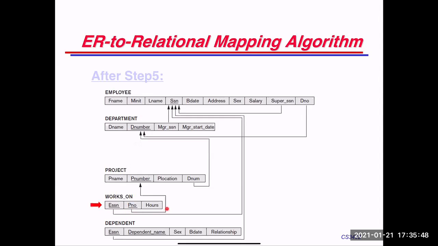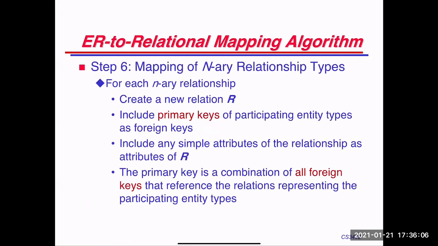We have two foreign keys pointing to the corresponding primary keys here, and we have these as our joint primary key of this relation works on. We also include the hours, which was an attribute for this relationship. Any questions about this?